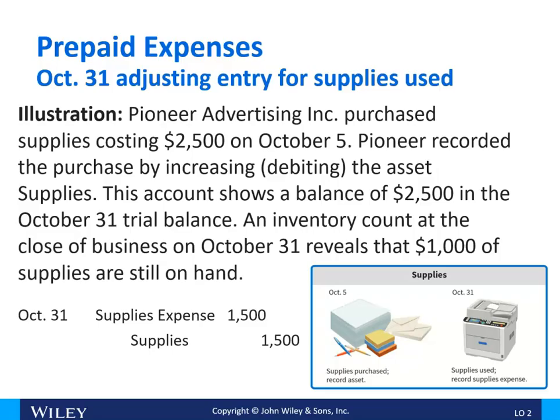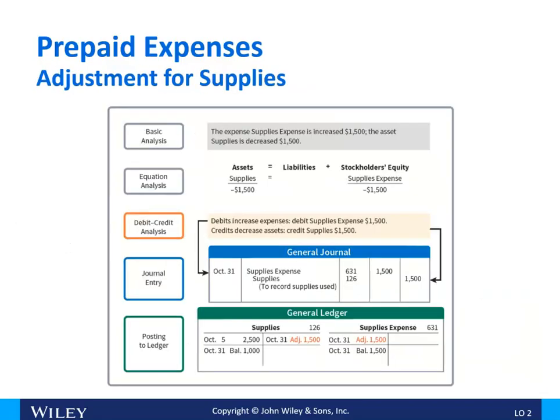So our new balance in the supplies account: we started with $2,500, that's a debit. Since we credited $1,500, we're going to reduce that account, so it's going to be $1,000, which is what our count showed. And here's the example that we saw again in Chapter 2: the equation analysis, the debit and credit analysis, create the journal entry, and then we post to the ledger.